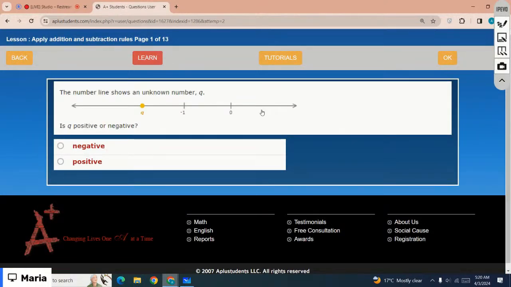The number line shows an unknown number q. Is q positive or negative? So which is the correct option?